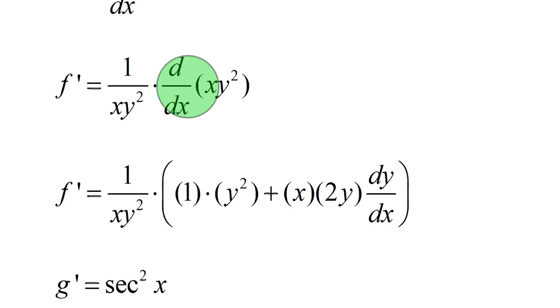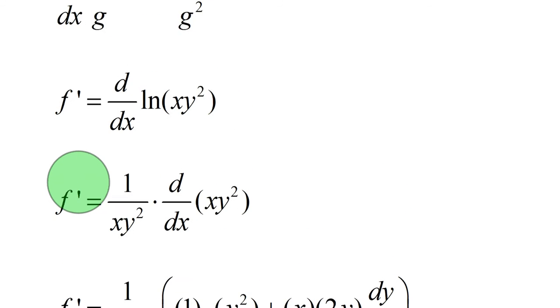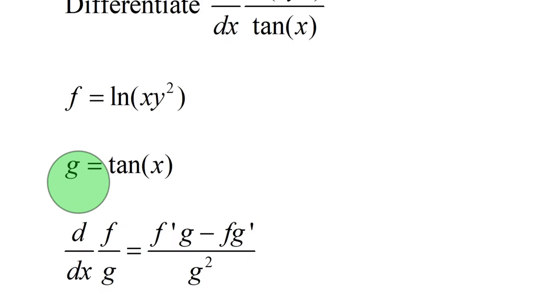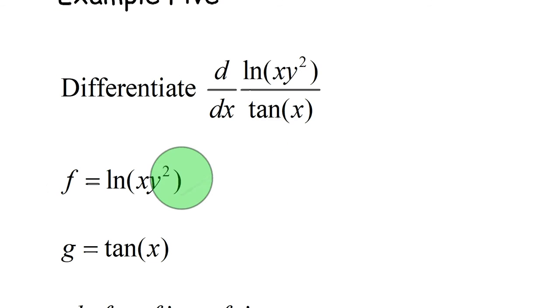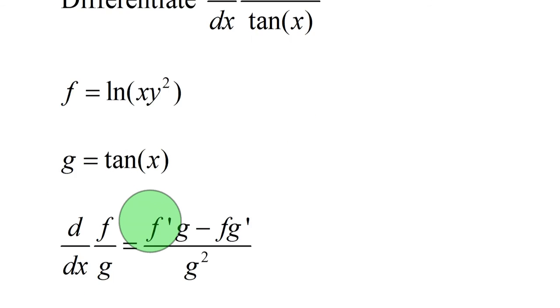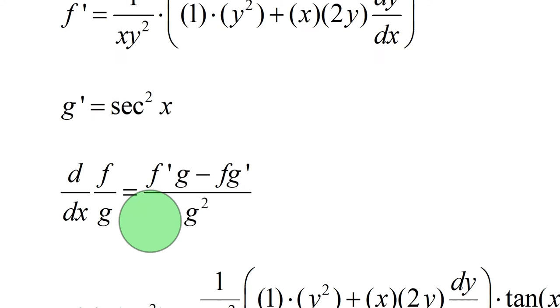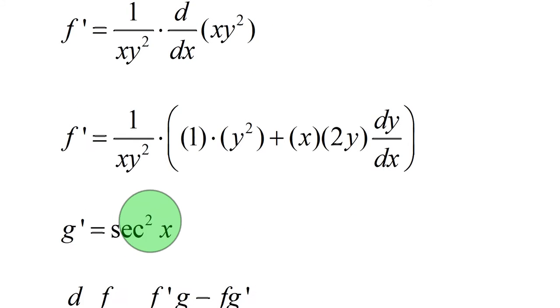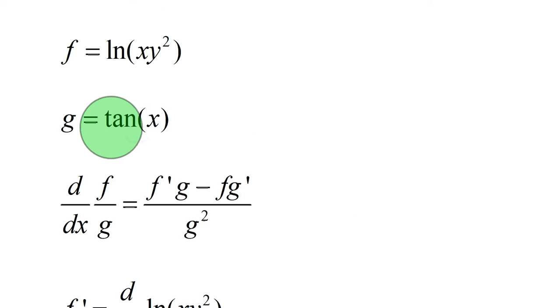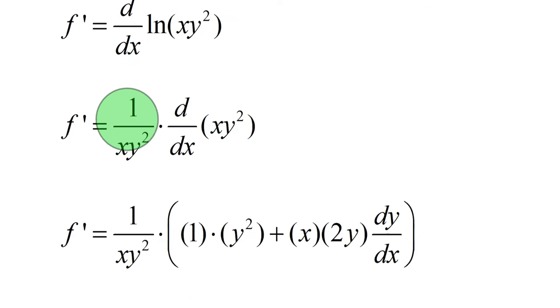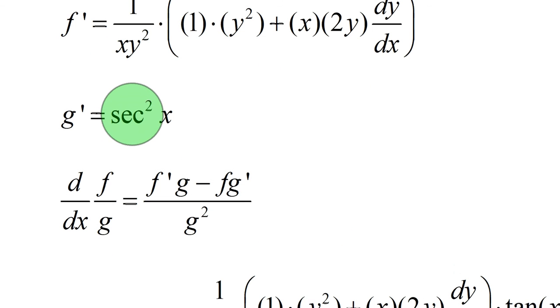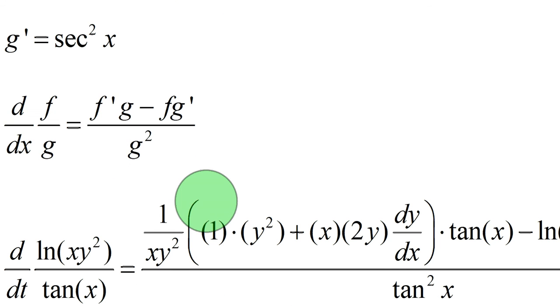But this is just our f prime, right? Remember, this is the entire quotient. So we need to figure out g prime in order to use the quotient rule. All right, so g prime, remember, our g function is tangent of x. The derivative of tangent is secant squared, right? So now we can rewrite the quotient rule, and we figured out every single component to this. We figured out that f prime was all of this, okay?